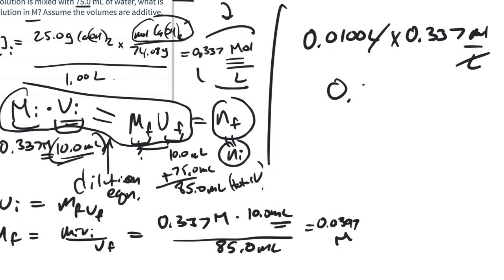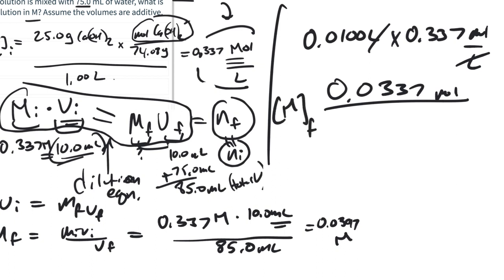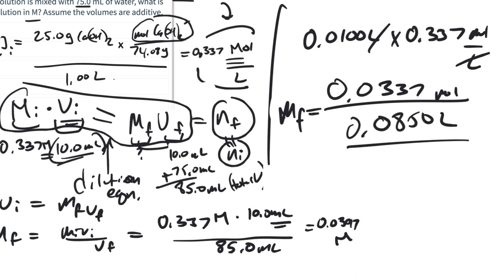It would be 0.0337 moles. And then the final molarity of the solution should just be that number of moles divided by the new volume, so just 85 mL, but expressed in liters.